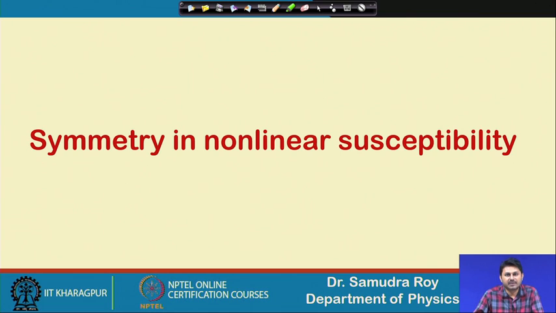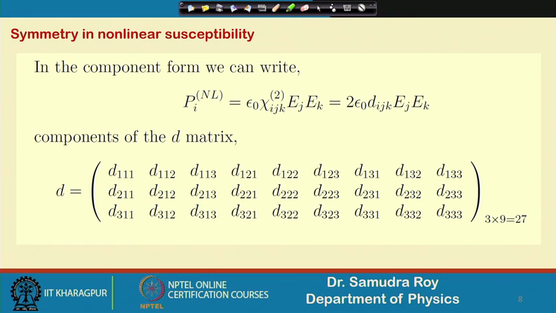So, next, symmetry in nonlinear susceptibility. This is a very important thing that we are going to study in this particular course, this symmetry and all this. So, let us go back to our original equation related to nonlinear polarization and electric field.